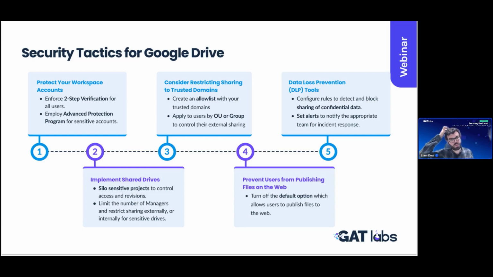Okay, so in terms of some actual settings that you can configure, what you can do to protect your environment. The first one here is not necessarily directly related to Google Drive settings, but it's going back to securing Workspace accounts. That has got to be one of the most important things for you. So enforcing two-step verification for all of your users, and note the word enforce and not enable.